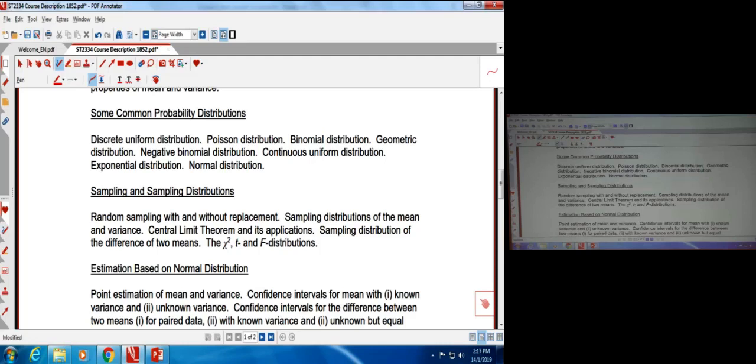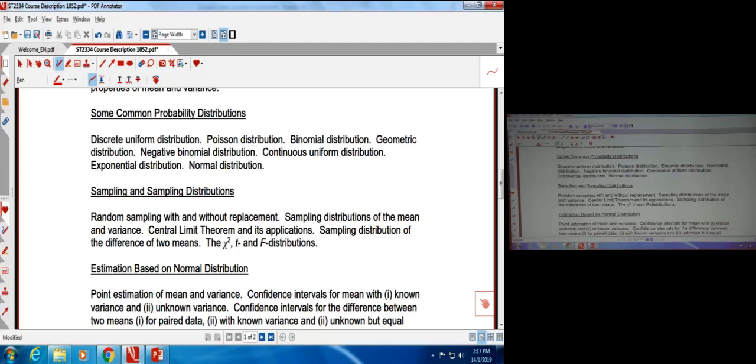So we need to know how the sample quantity behaves, which we call the sampling distribution of certain things, and then we try to draw inference of two types. One is to test a certain statement, whether it's correct or not, whether we accept a certain statement or not. That is called hypothesis testing. The other is to estimate a certain characteristic of the population.